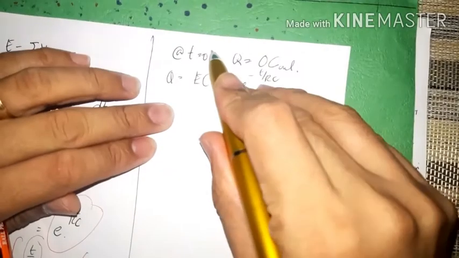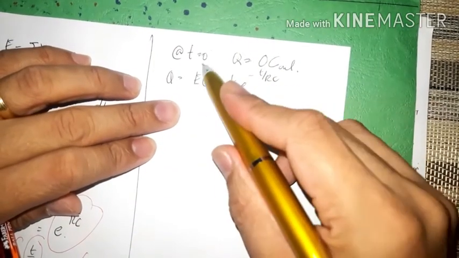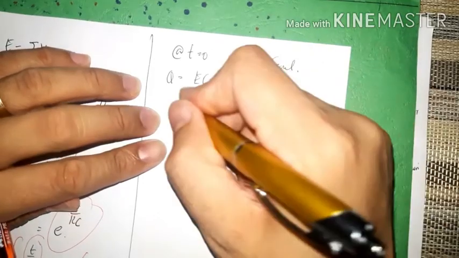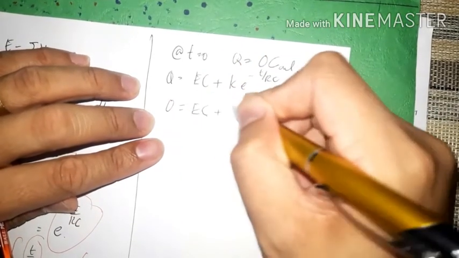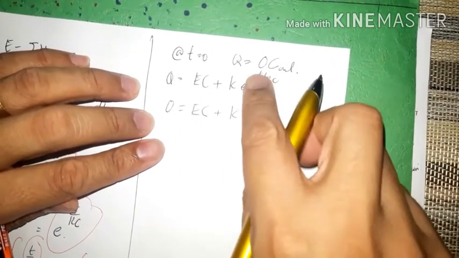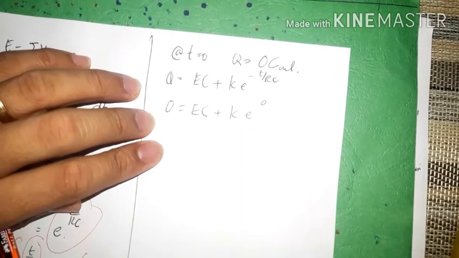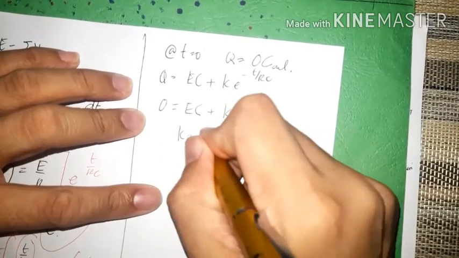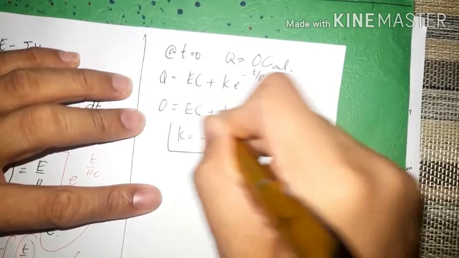So substituting our initial condition that at time t is 0, your q is 0. So 0 is equal to EC plus K e to the 0 over negative RC, which is e to the 0. Then K here is negative EC.